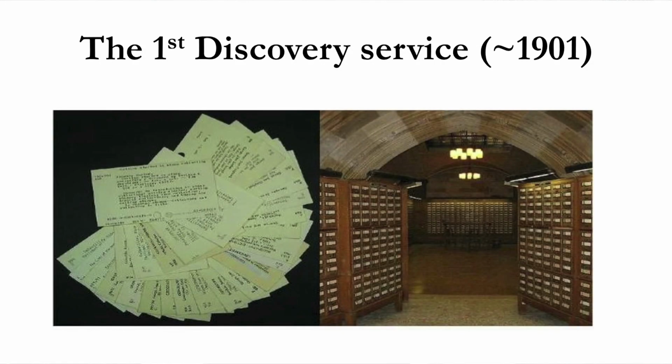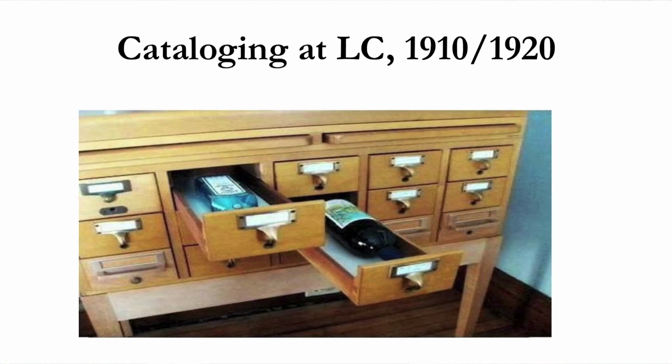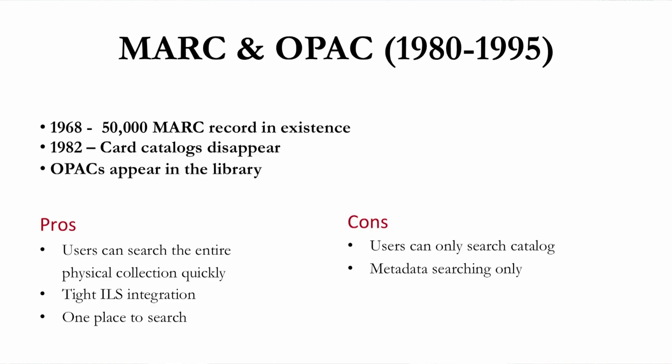For a long time, these catalogs served as a very strong resource discovery system; cataloging at the Library of Congress played a key role. Further progress came with the online public access catalog, with the availability of the internet. The OPAC made discovery far stronger, and it became very easy for the user to discover books, journals, and other resources.